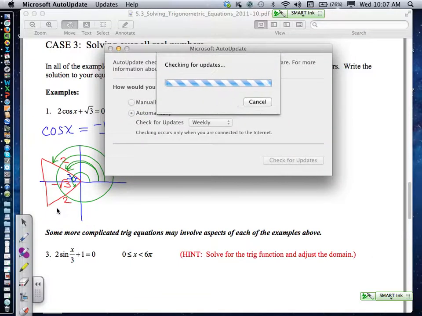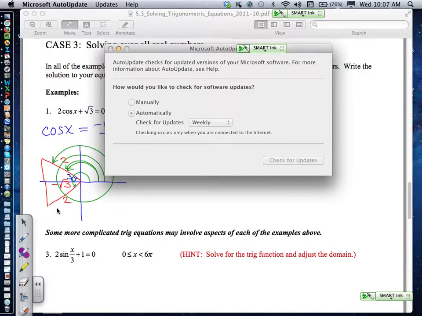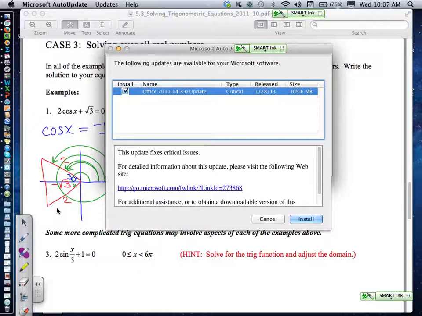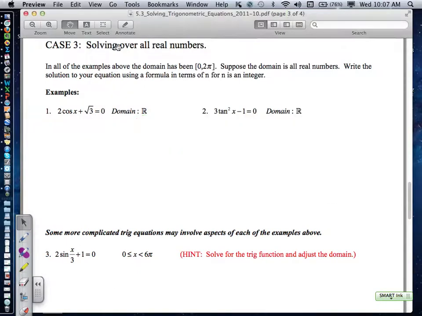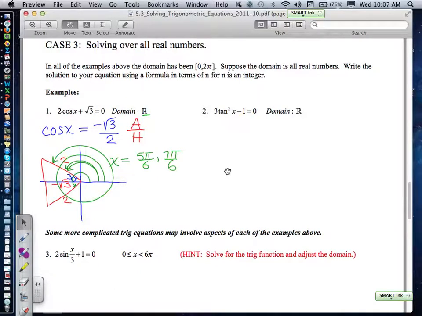Mark? 2n pi. Okay, so we have x equals 5 pi over 6 plus 2n pi. Yeah, that seems to work nicely.